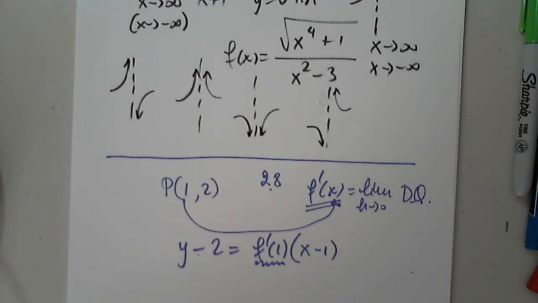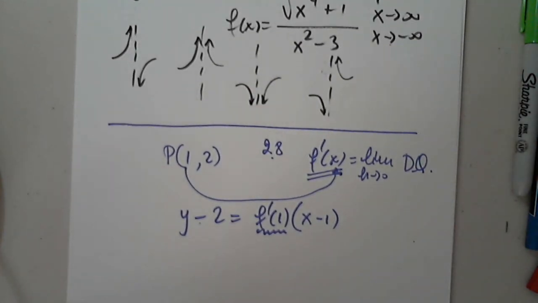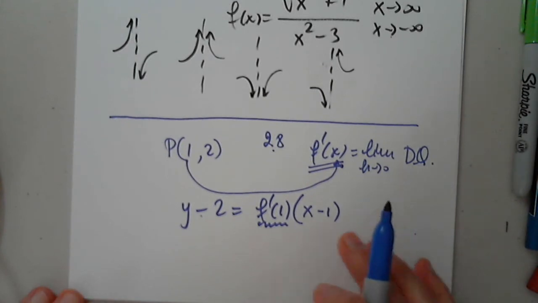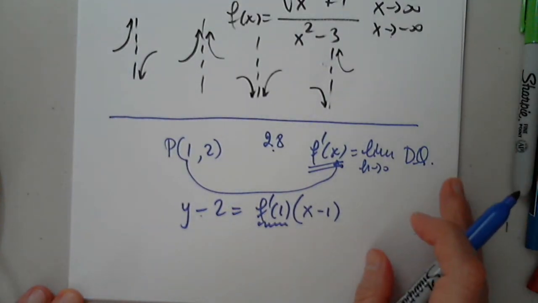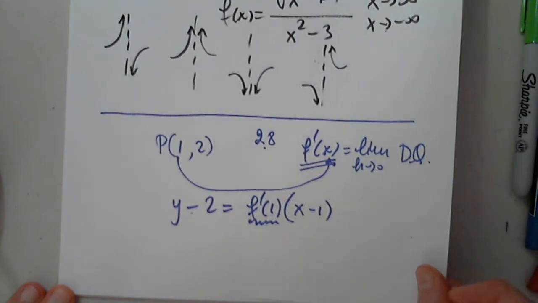I remembered a question that I had. Yes? I'm a little confused on when you're supposed to be using the f of a plus h minus f of a, or the f of x minus f of a, like 2.7. Okay, so you're talking about these two.